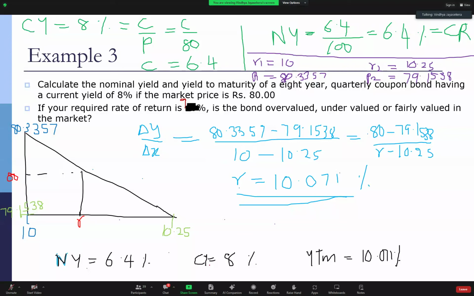Overvalued, undervalued, or fairly valued. What do you compare it against? Nominal yield, current yield, yield to maturity, all three are there. And your required rate of return is 9%. Do you think this bond is overvalued, undervalued, or fairly valued?